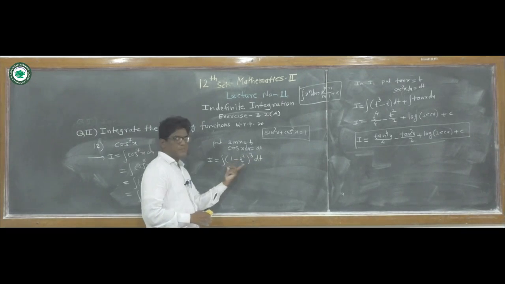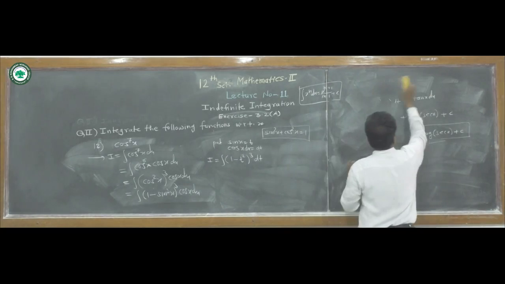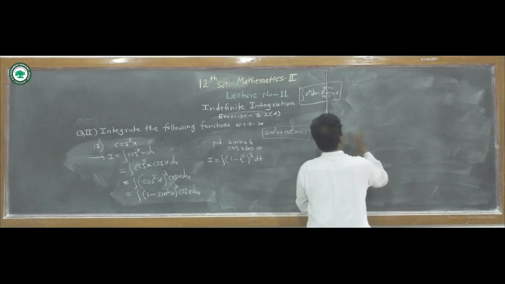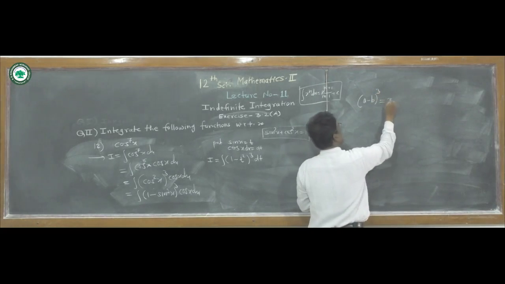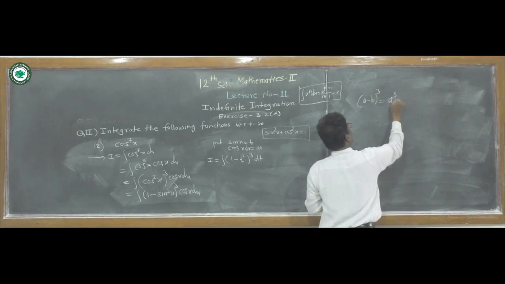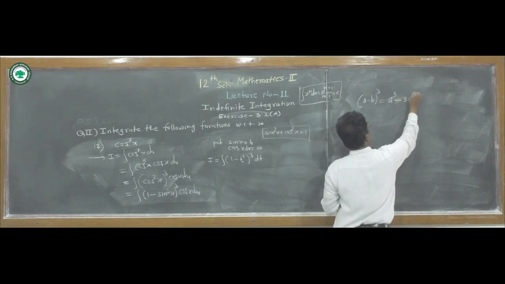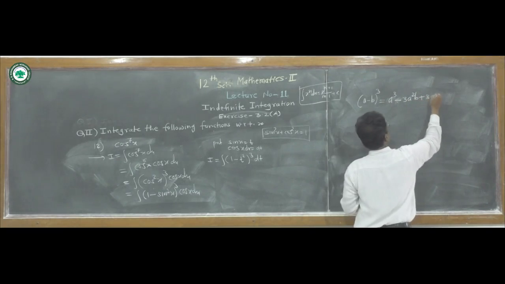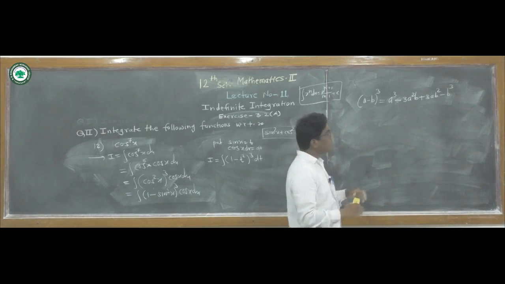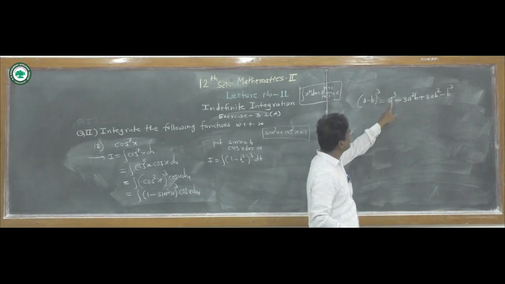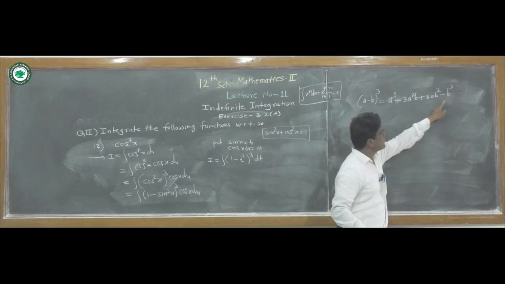Now take the cube of this bracket using the formula a minus b to the power 3. What is the formula? a minus b bracket cube is equal to a cube minus 3a square b plus 3ab square minus b cube.